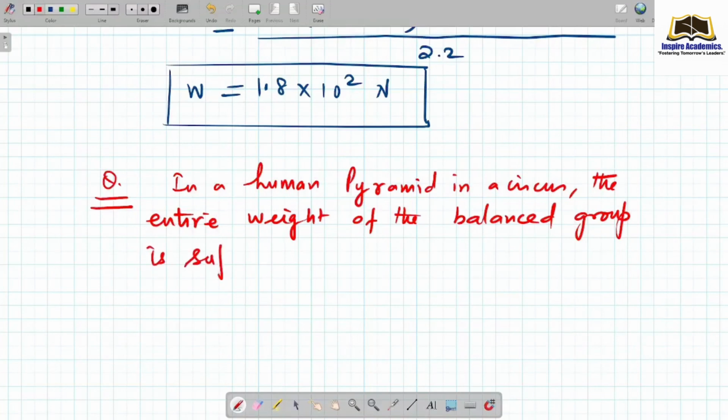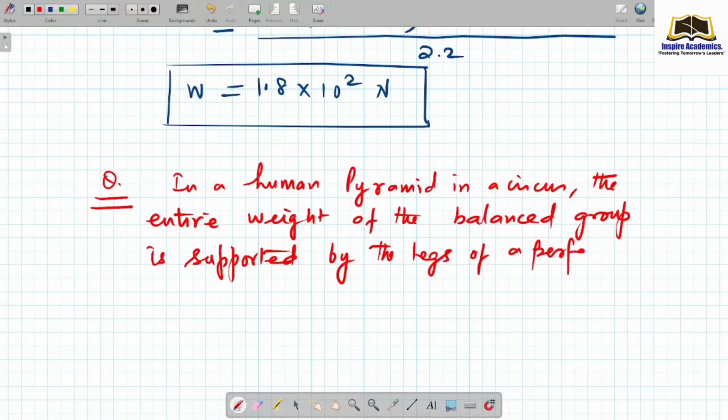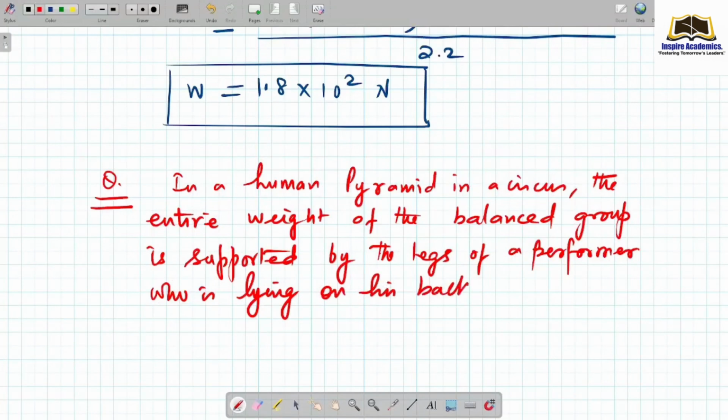Each supported by the legs of a performer. Okay. Who is lying on his back?